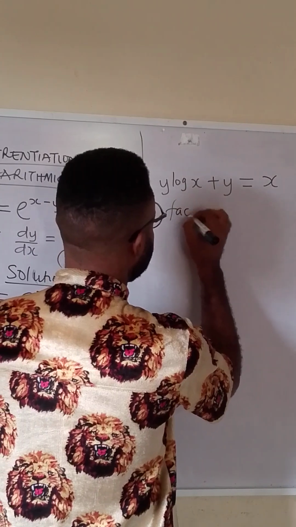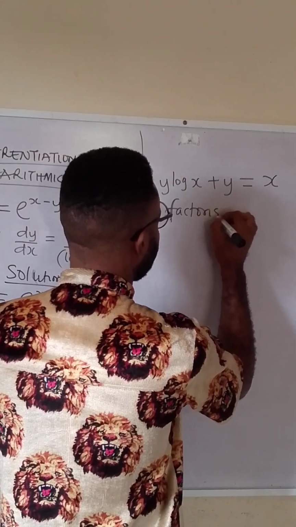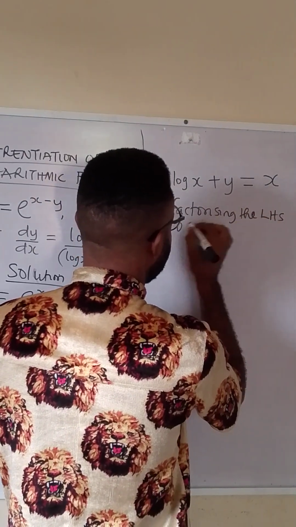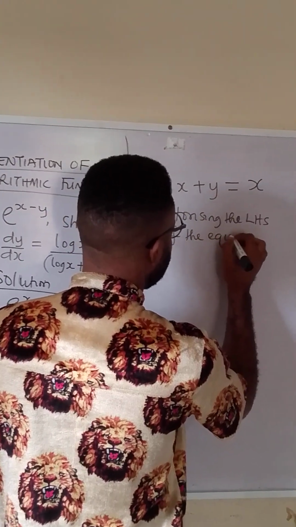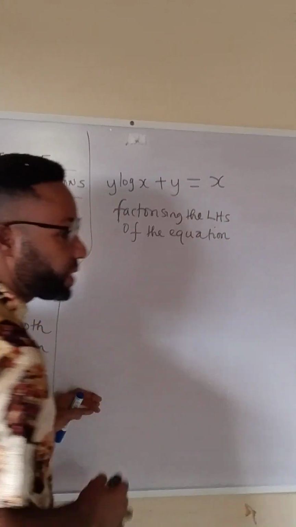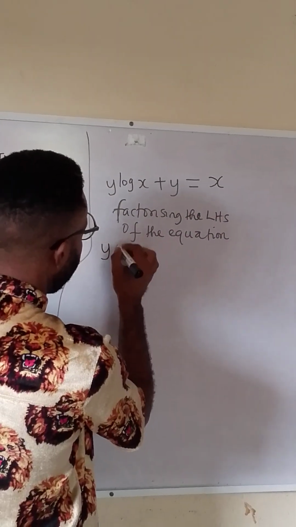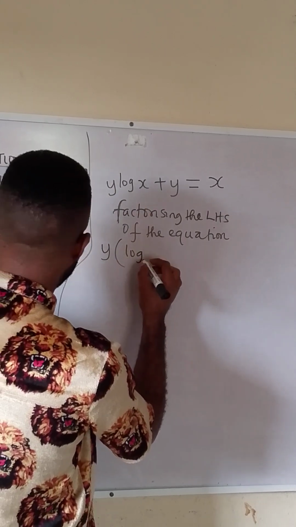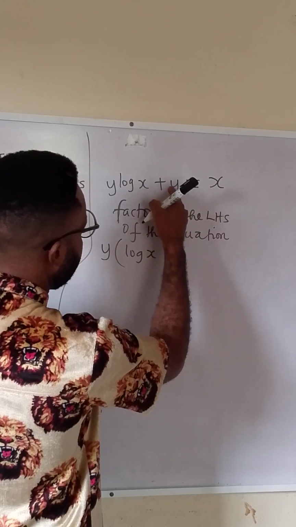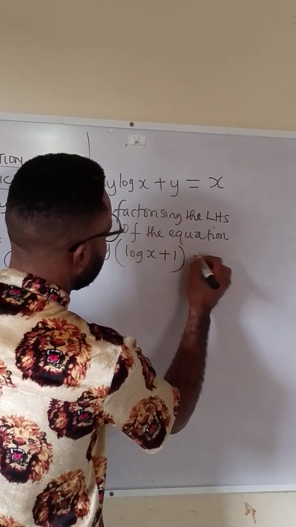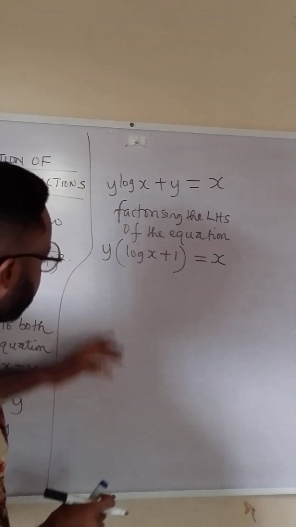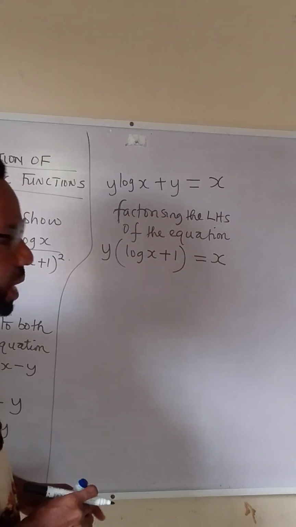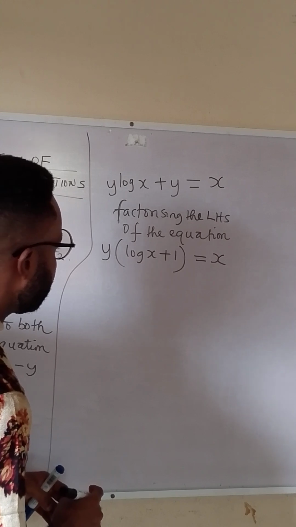Now, if we look at this expression, y is common, so we factorize the left hand side of the equation. If we take out y, we are left with log x plus 1, equal to x, such that y times log x gives y log x, and y times 1 gives y.